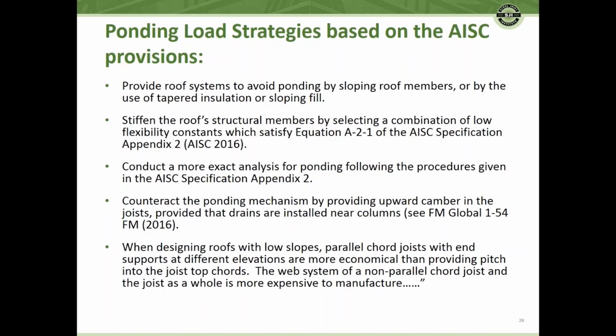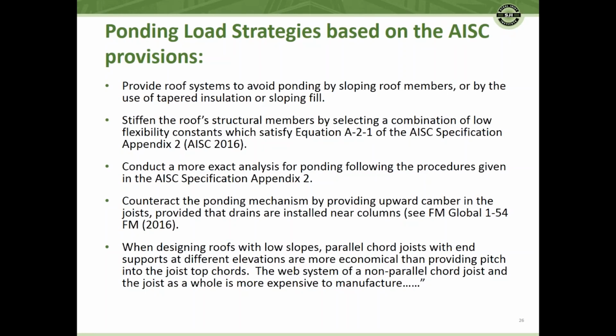Basically, ponding instability is first of all a stiffness requirement. So the stiffer your members, the less likely the ponding instability. Or you conduct the more exact analysis for ponding following the procedures in Appendix 2. You can use camber, which would also aid in reducing the likelihood of ponding instability.